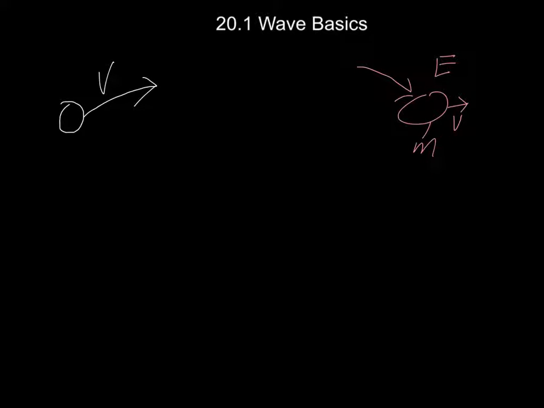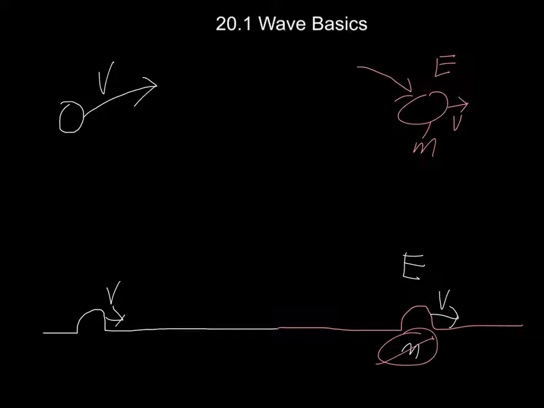A wave is going to do something similar. It's going to take energy, you're going to put energy into a system, and so it creates this disturbance. So let's imagine that this line down here is just a slinky, right? We create this disturbance in it, and we move the disturbance down the slinky.